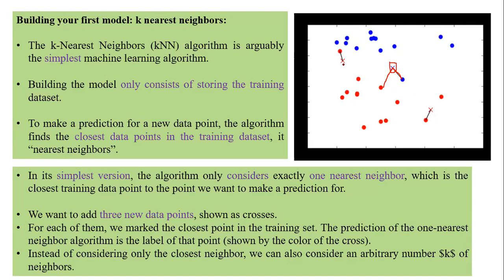And this is an unknown point, and we will see the distance of the closest neighbor. Because we are using the simplest nearest neighbor, we will use only one neighbor. So which point is the closest?